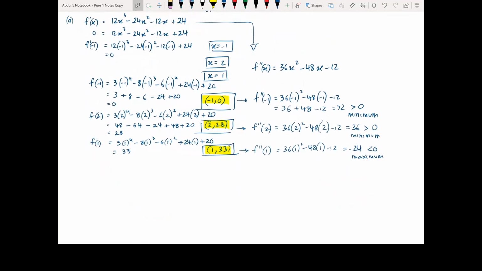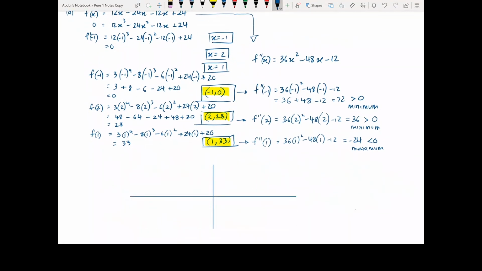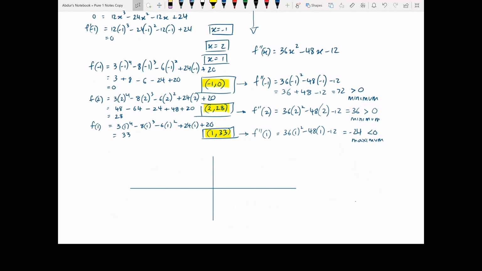So drawing our axes here. First of all, we've got (-1, 0). Let's indicate that is one of our stationary points.